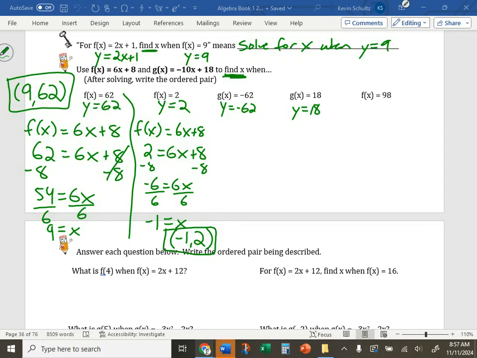Questions on this? Knowing the difference between which variable you're being given and which one you're solving for is the key. And there are lots of hints to tell you, especially when I literally say, find x.